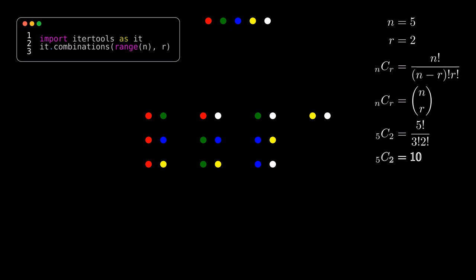Okay, and one thing to notice here is that the permutations, remember, we had 20, right? N was 5, R was 2, we had 20. So another way to think of combinations is we take all the permutations and then we divide out by the repeats. So the green, red, and red, green counts as only one.